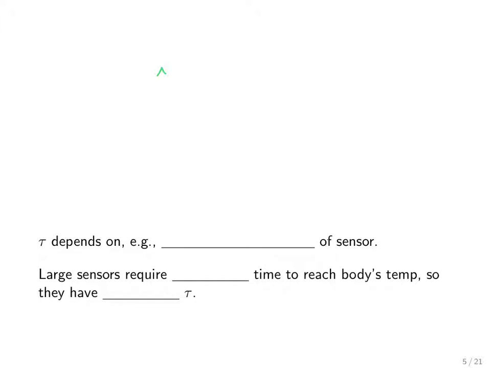So the temperature of the transducer will start at its own initial baseline. We'll say that that's T sensor of time 0, and this is the time axis. And it will transition up to T body with a decaying exponential.